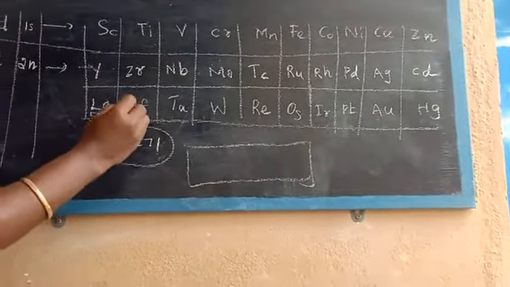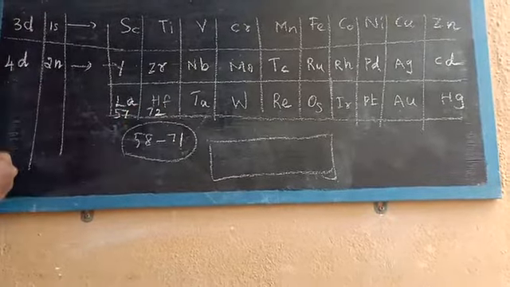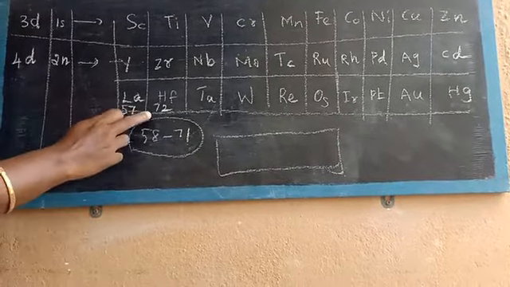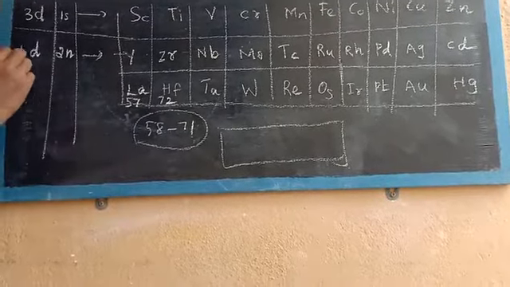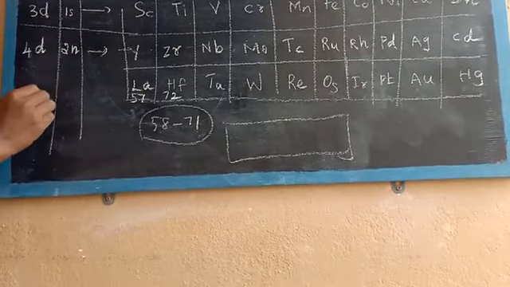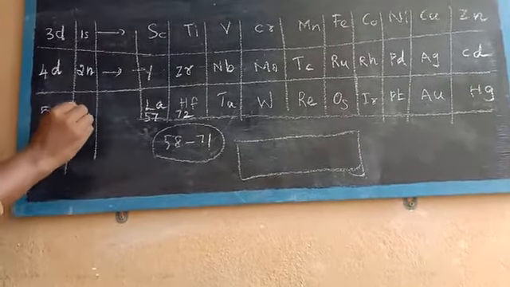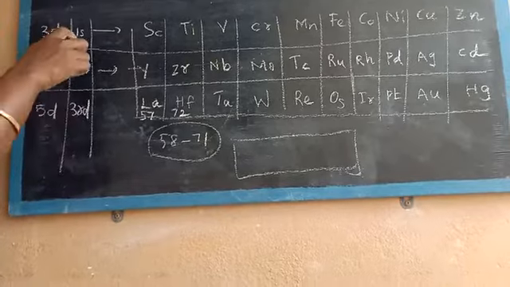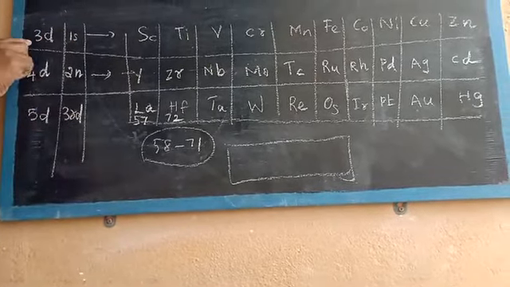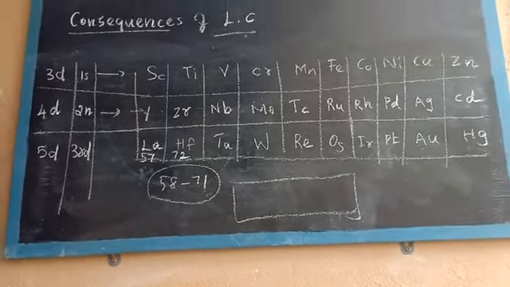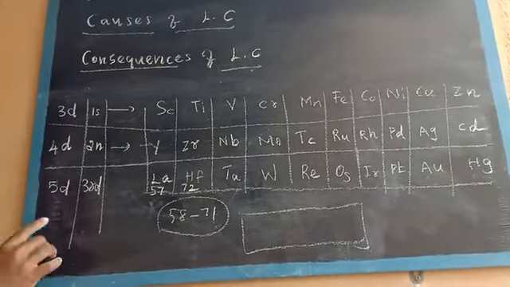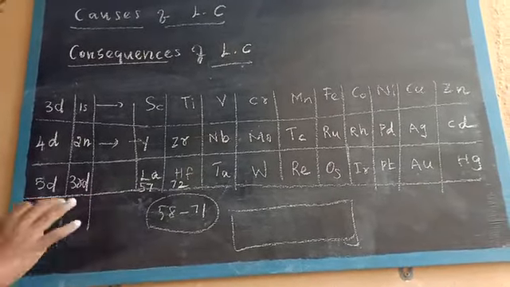Next is atomic number 72. So this is the 3d, 4d, and 5d series, first, second, third. Are you clear, children?